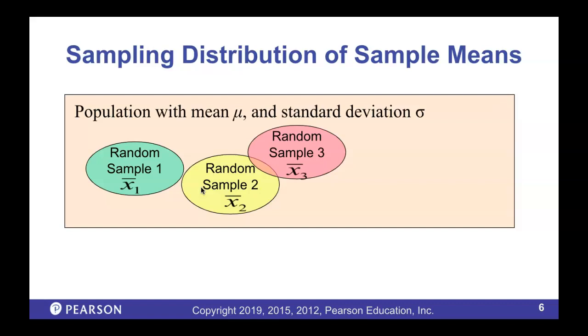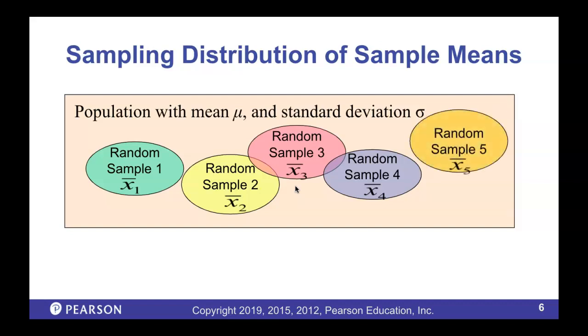If a student is taking both, I may be using that student twice, and that's okay. Next, that blue group, I can take another sample of 25 students and calculate the average of those 25 students. That's going to give me X bar number 4, and 4 stands for this being my 4th sample.